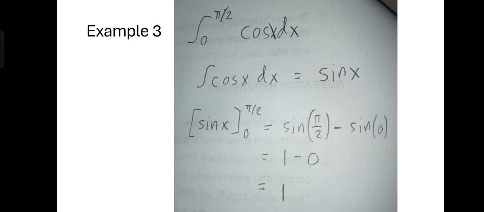Sine pi over 2 is equal to 1. Sine 0 is equal to 0. 1 minus 0 is equal to 1. Therefore, the answer for this example is equal to 1. So that was kind of easy.